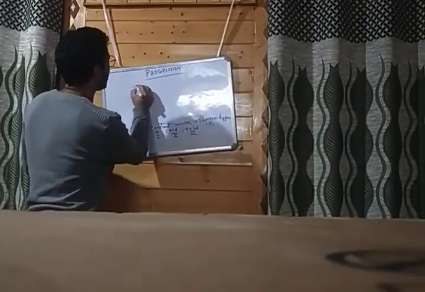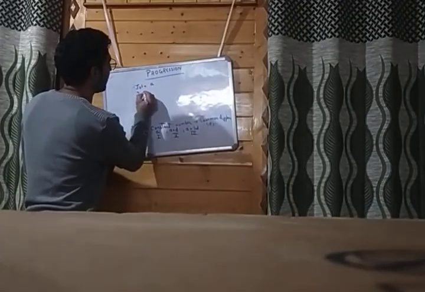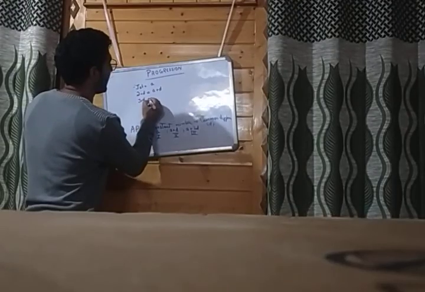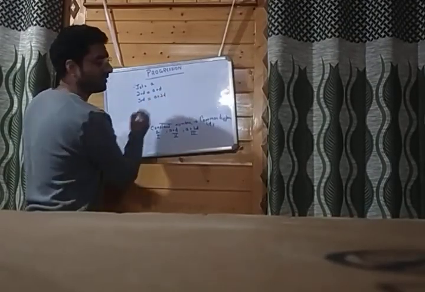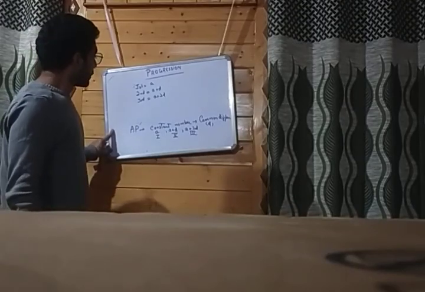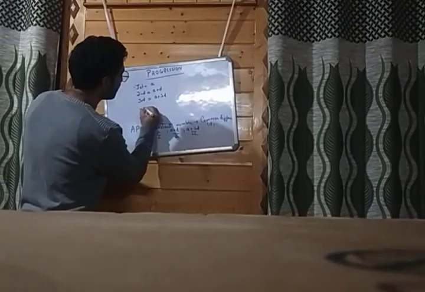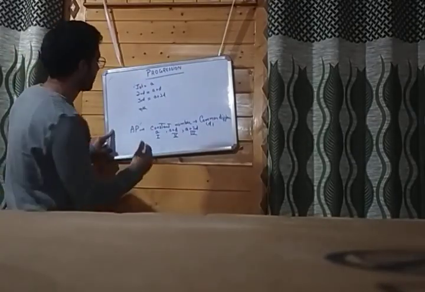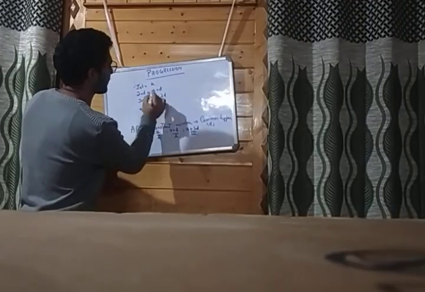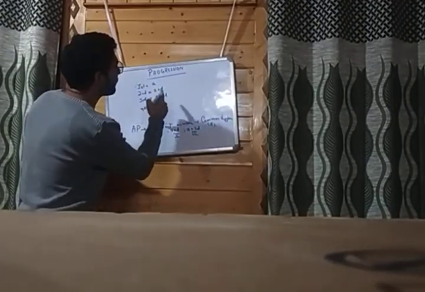So the first term is a, the second is a plus d, the third is a plus 2d. These are the terms. So what will be the nth term if we move like this? The first term is a plus nothing, the second term is a plus d, the third term is a plus 2d.